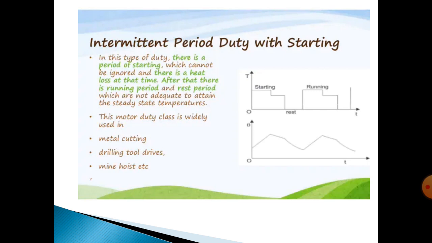This is the main thing. It consists of a period of starting, a period of running at a constant load, and a rest period. The applications are metal cutting, drilling tool drives and lift trucks.